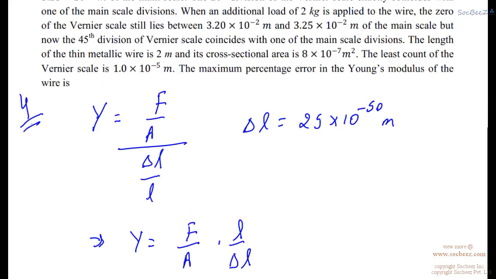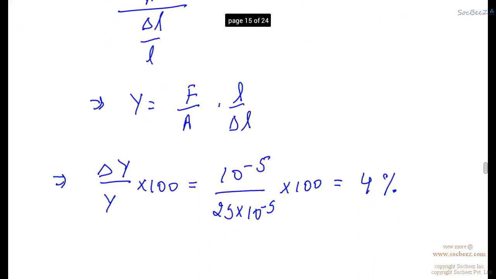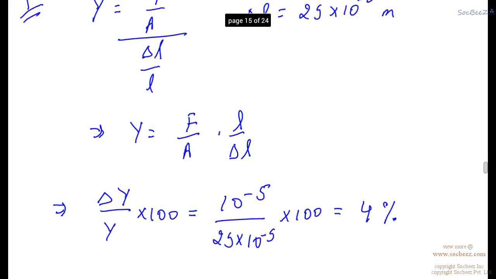So the answer here is 4%. So the correct answer is 4. Here this is 10 raised to the power minus 5, not 10 raised to the power minus 50. Okay, so the correct answer here is 4%.